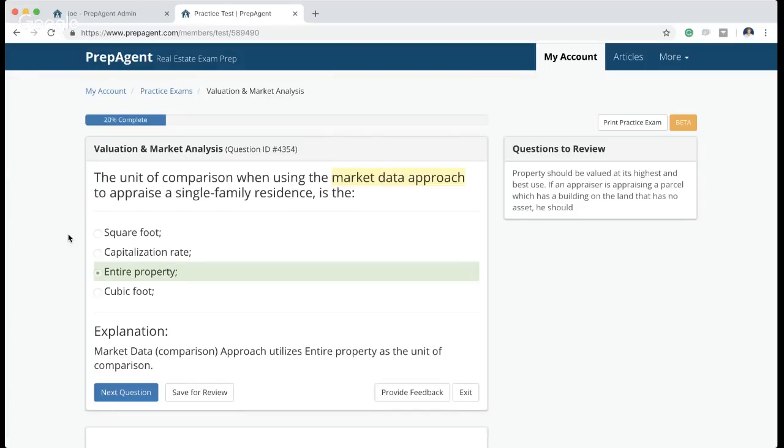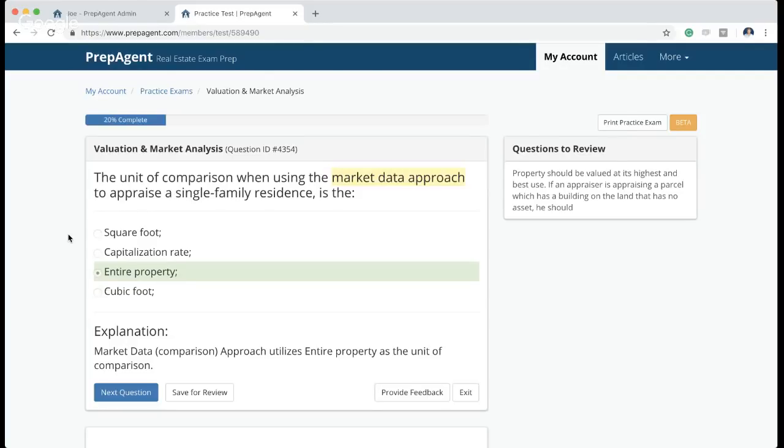Which approach would you use for a library? What do you guys think? Cost approach.